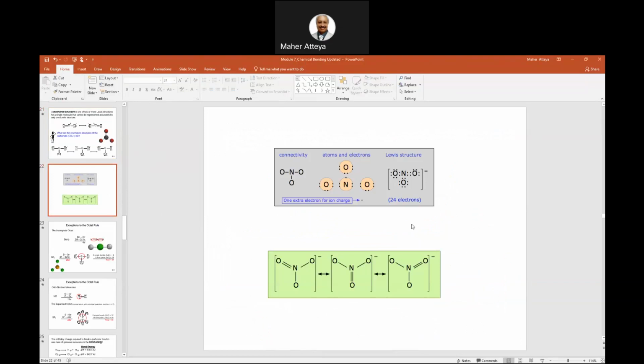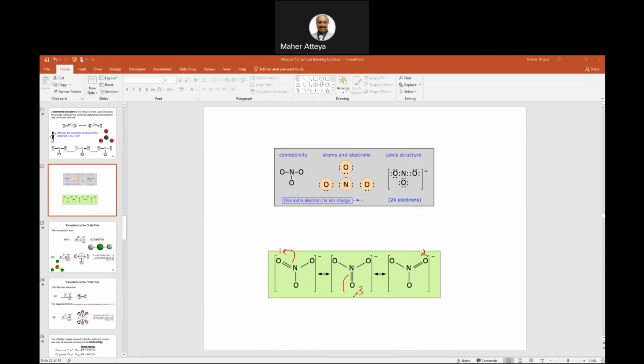Here's the same thing. Nitrate, look at the nitrate here. Same thing we said. This is 1, correct? This is 3. This is 2. So the double bond is here between them.